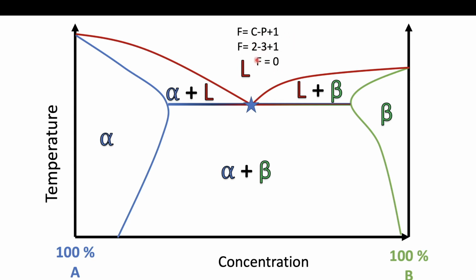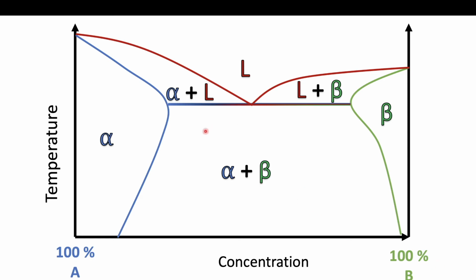So the degrees of freedom is 0, meaning that for this system with A and B, the 3 phases can only coexist at this particular temperature and this particular concentration. This point is usually called the invariant point, and this reaction where a liquid gives rise to 2 solids is called a eutectic reaction.